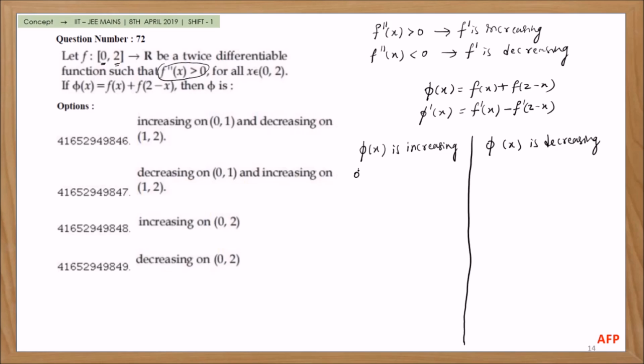Increasing means its derivative is greater than 0, decreasing means its derivative is less than 0. That is the meaning of an increasing and decreasing function. So psi dash of x, f dash of x minus f dash of 2 minus x, is greater than 0. So this implies we will send it to the other side.